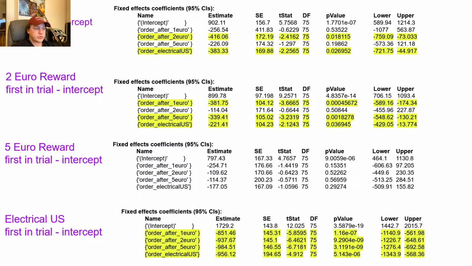The first response to the electrical stimulation, when it was first in the experiment, was much higher compared with the other positions. And for 2 euro and 1 euro also, the first in the trial was higher, we can say, but not always.